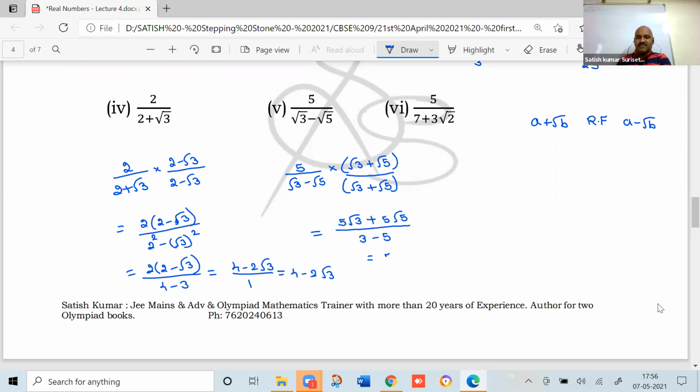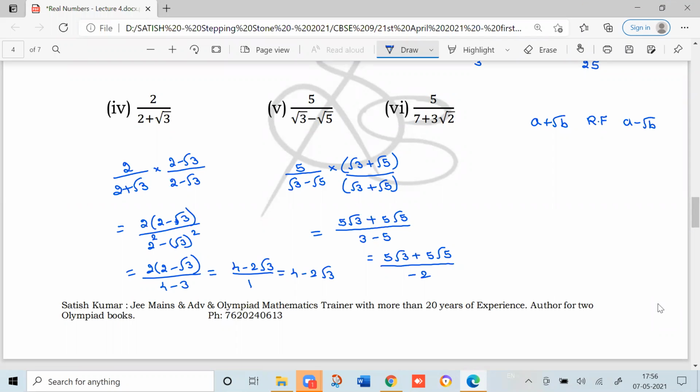So 5 root 3 plus 5 root 5 upon minus 2. Or you can write this as minus 5 by 2, because 5 is common in the numerator, into root 3 plus root 5. You can keep it as it is, or take the common factor and keep it separate.